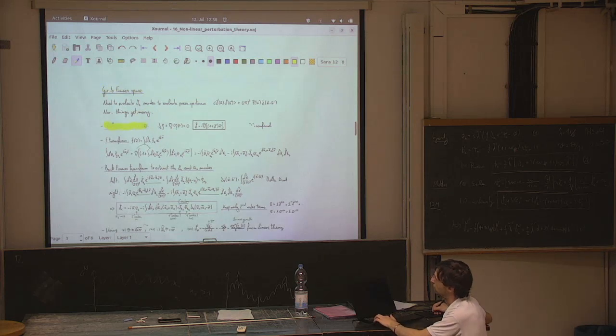Let's start with the continuity equation. The continuity equation in full is this one. Here it is expressed in terms of density. Here, if you divide with respect to the background, it is expressed in terms of the density contrast.